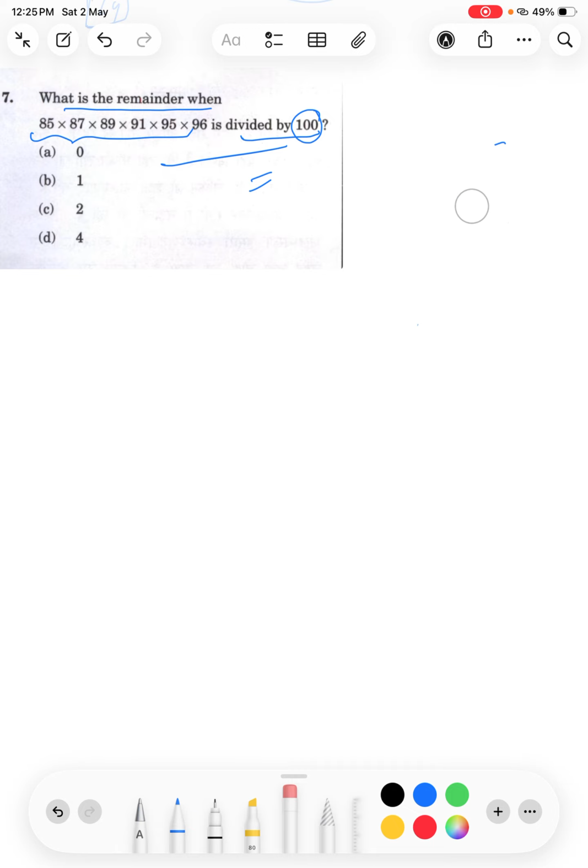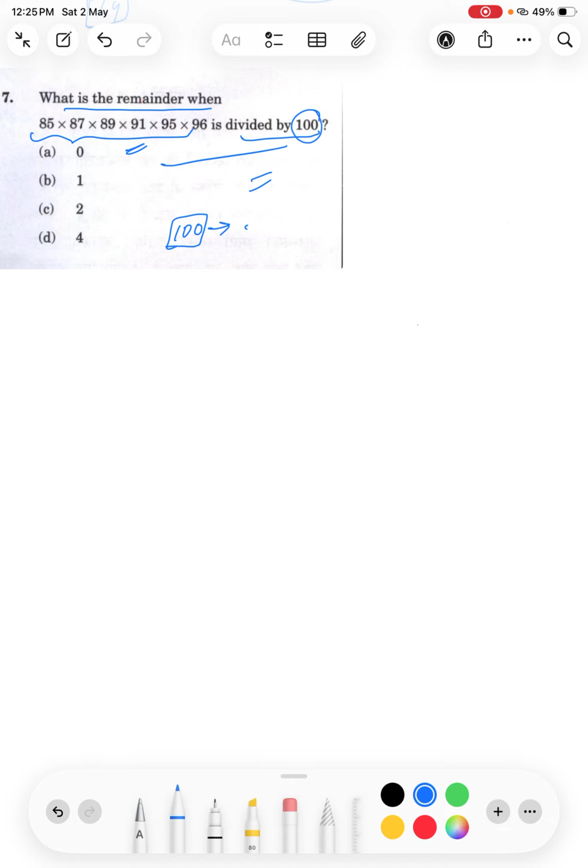Now let's solve this question. When we are being asked whether this expression is divisible by 100 or not, you prime factorize this number 100. Why do we prime factorize this number?